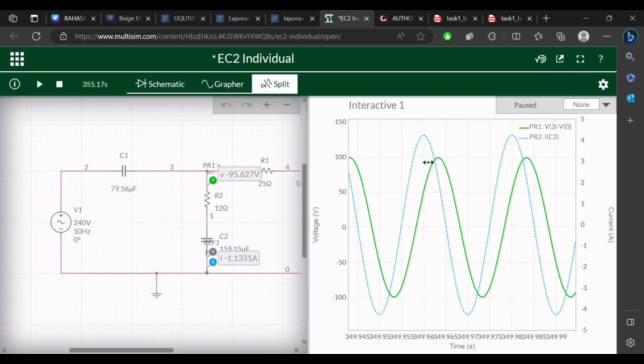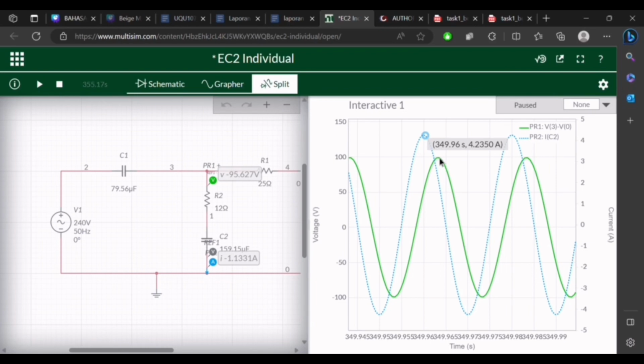For the current peak, it is the blue color at the graph, so just click at the blue color and we can see the current peak is 4.235 ampere, and the green is the voltage peak.